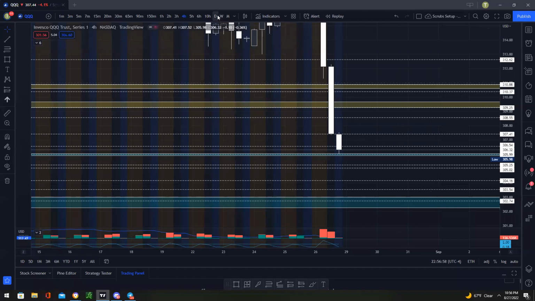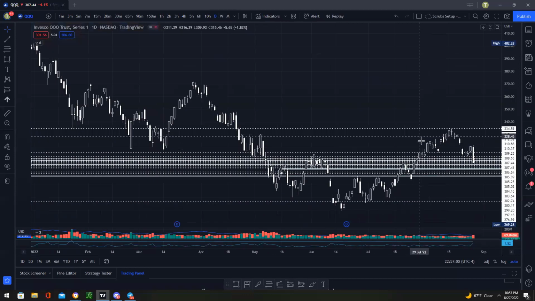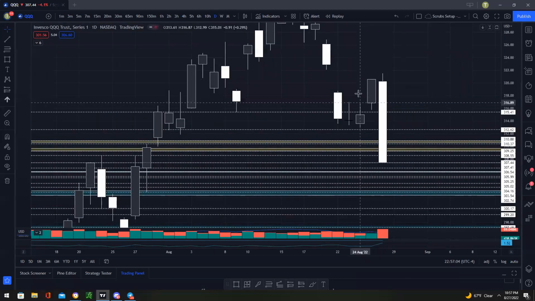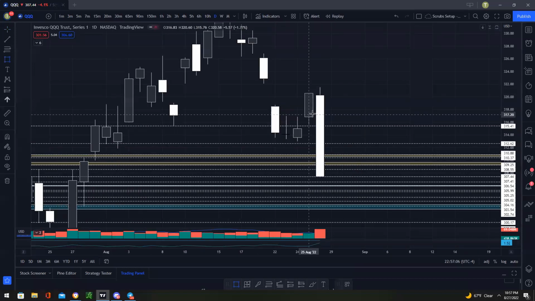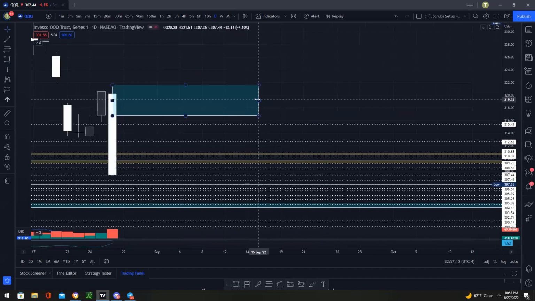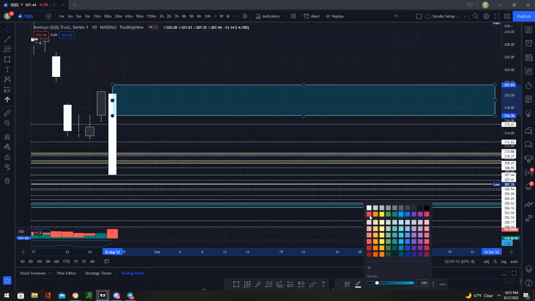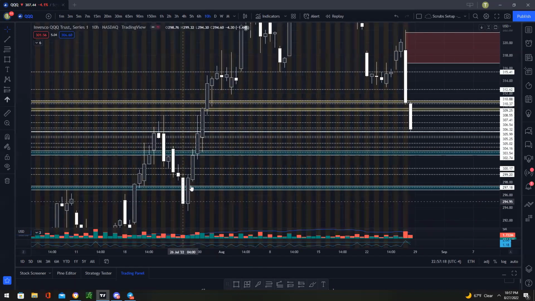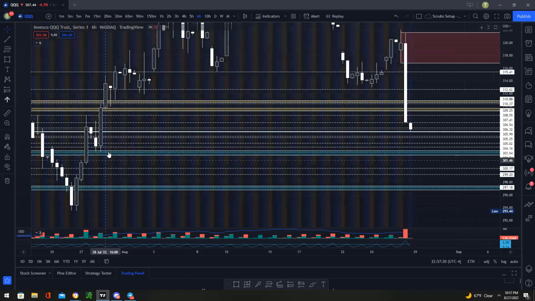And then, okay, let's see if we can find any supply or demand zones just to get extra liquidity. Here's a different one, rally, base, drop. So it's kind of the same exact thing as SPY daily. So now we have the overhead, and then let's see if we can find some sort of demand down here. There we go.